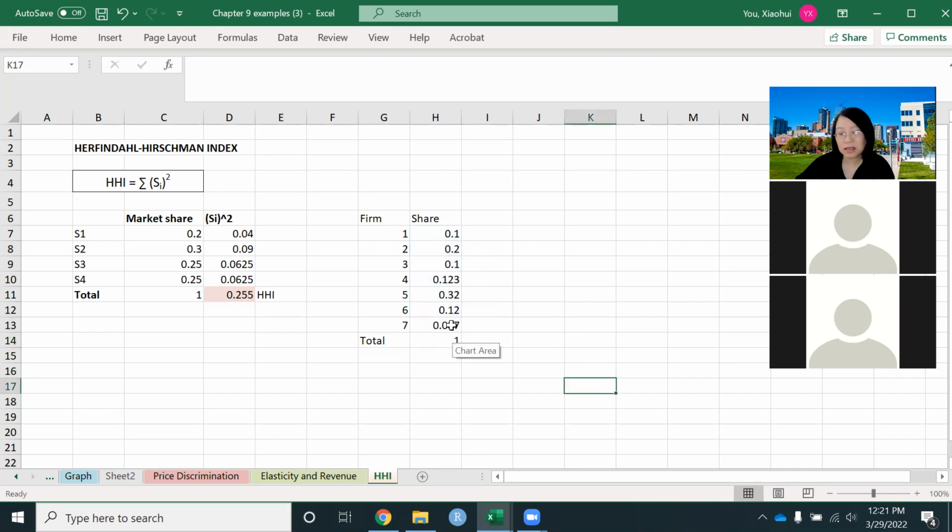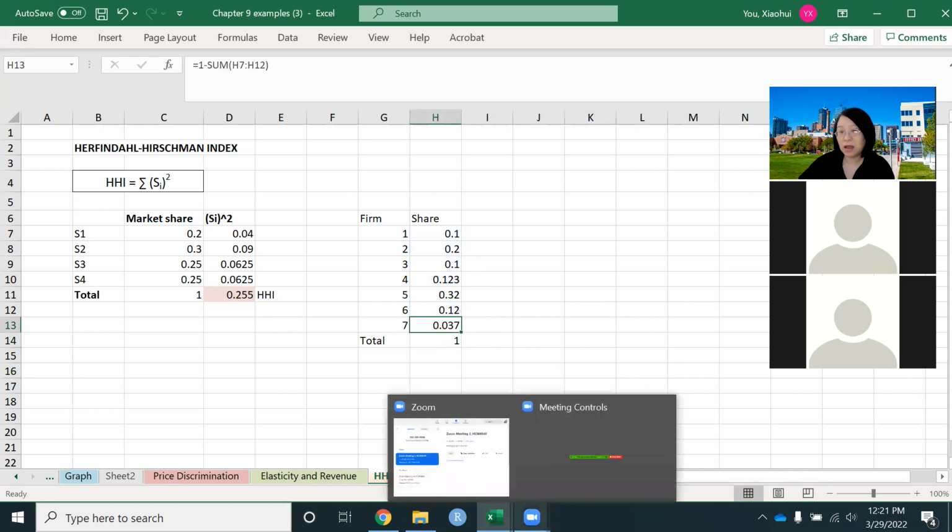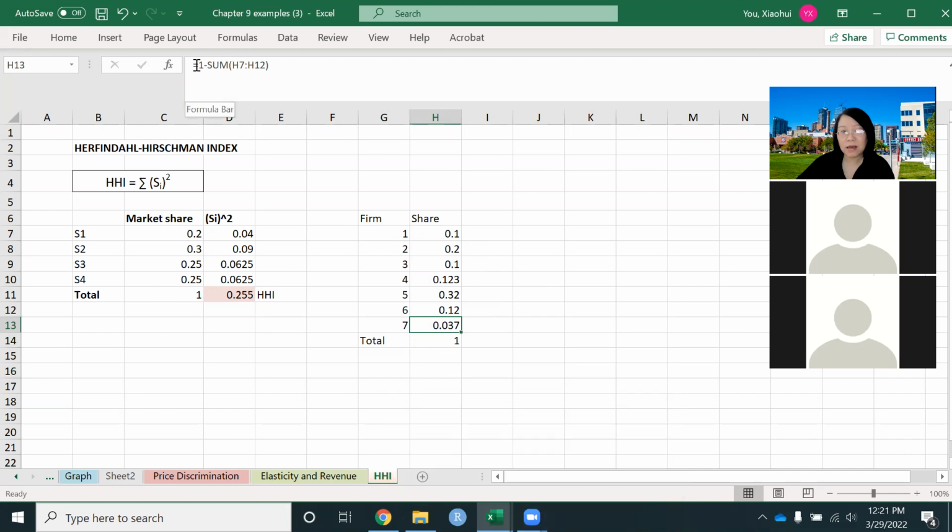See, this is how to calculate this one: just 1 minus the summation of the previous values, and then you get the value for number 7. And for calculating the HHI, it's easy, right? Just equal to this value, take square, and then drag it.